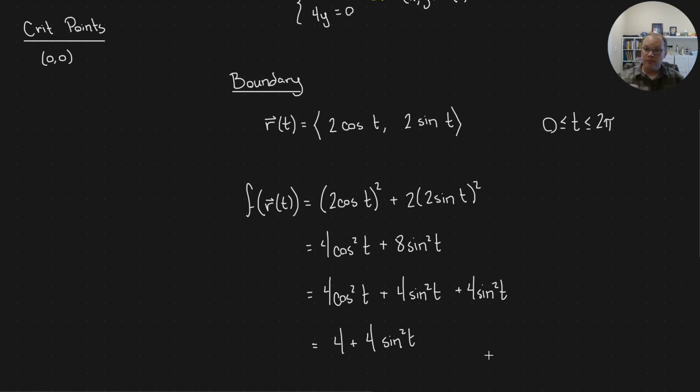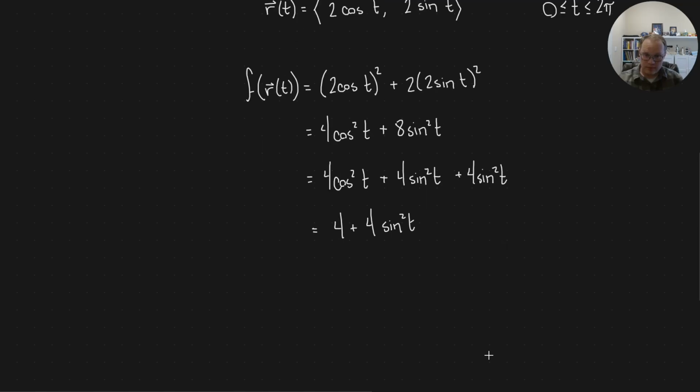Okay? Now what we want to do is take the derivative of this. If we take the derivative, we'll be able to find out where along the boundary we are reaching local maximums and where along the boundary we're reaching local minimums.